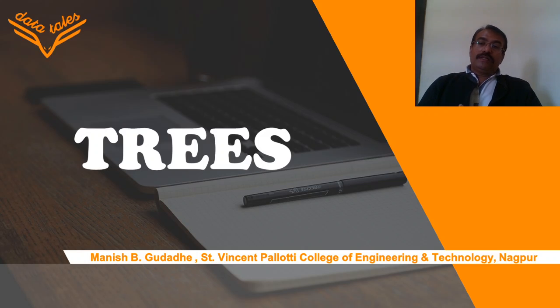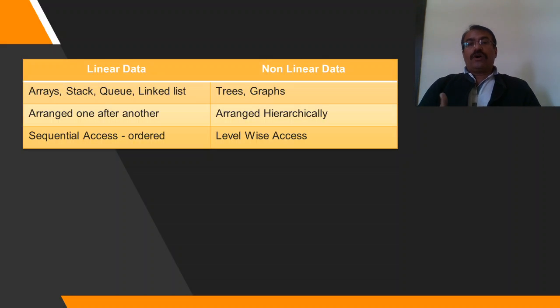Today we are going to get introduced to a data structure which is not a linear data structure. It is a non-linear data structure. So what is the difference between linear and non-linear data structure? In a linear data structure, the data is organized in a linear or sequential manner, and it is ordered in such a way that with the base information, we can sequentially access all the elements present in it.